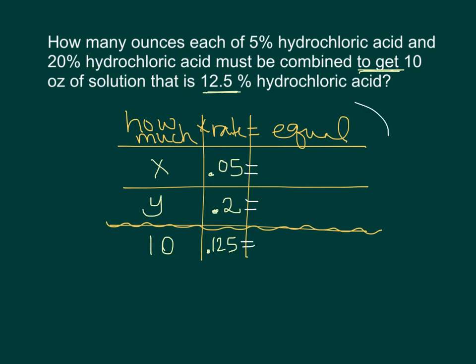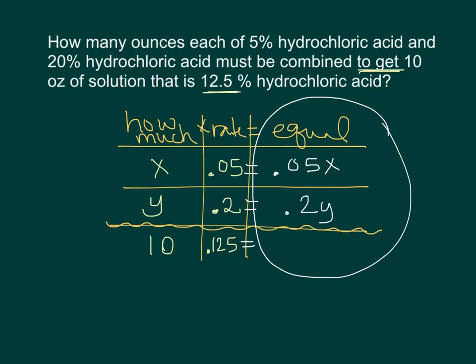Now from here, we're going to go ahead and multiply across and get this column. And if you'll remember from Unit 2, this column ends up being the equation that we have to solve. So it looks like I get a 0.05x right up here, a 0.2y here, and a 1.25 here if I multiply that across. So I've got the equation of 0.05x plus 0.2y equals 1.25.